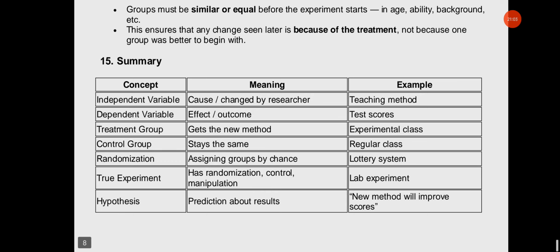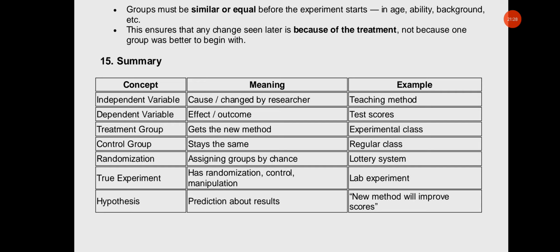So this is a summary. Independent variable means the cause, changed by the researcher. Example: teaching method. Dependent variable means the effect, the outcome. For example, test scores. Treatment group: the group that gets the new method. For example, experimental class.